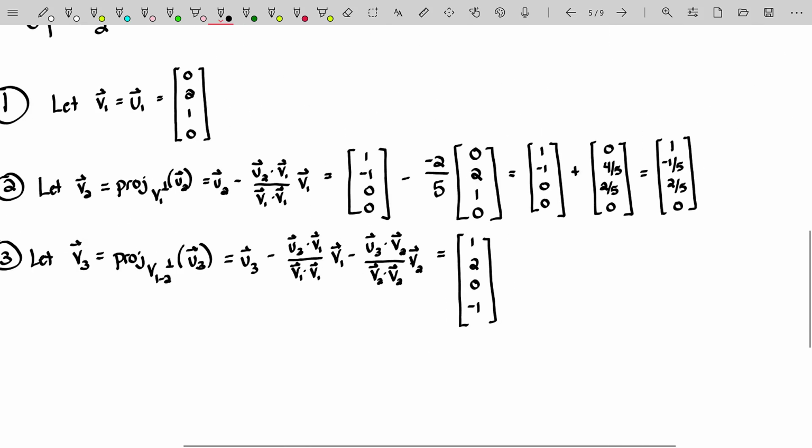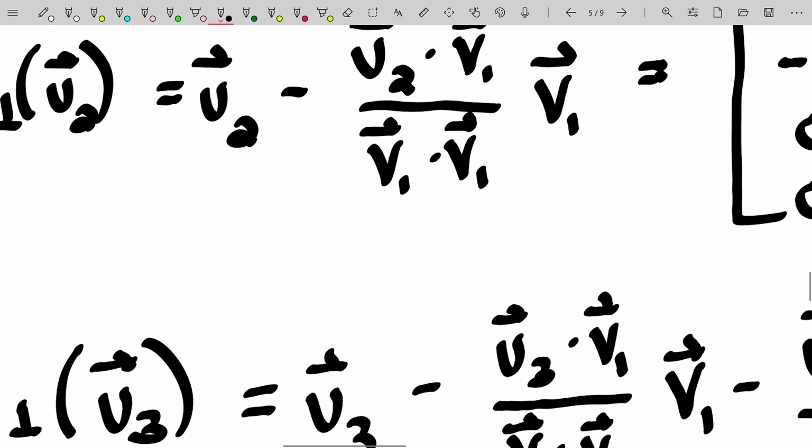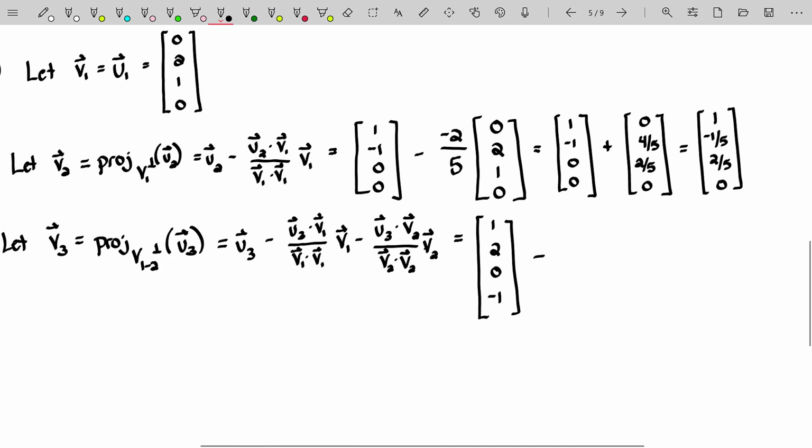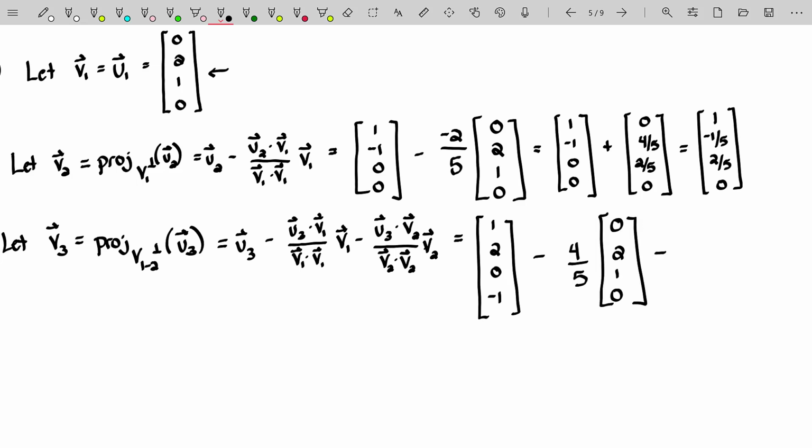Sorry about that. Now we're going to subtract off u sub 3 dotted with v sub 1 over v sub 1 dotted with itself. Luckily, we already know what v sub 1 dotted with itself is. And v sub 1 dotted with u sub 3, v sub 1's right here, u sub 3 is right there. That's 0 plus 4 plus 0 plus 0. We're going to multiply that by v sub 1. Now we'll do the second subtraction.